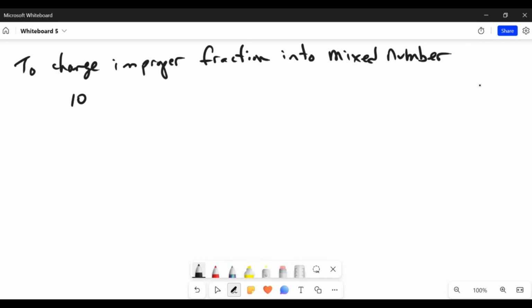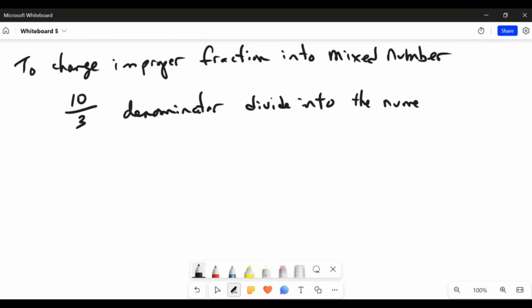Okay, so if I have 10/3, we take the number on the bottom, the denominator, and we divide into the numerator. So I take 3 and I divide it into 10.